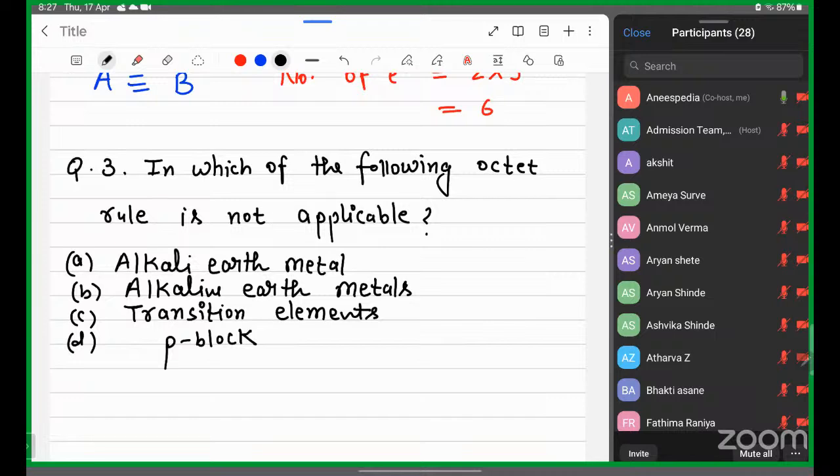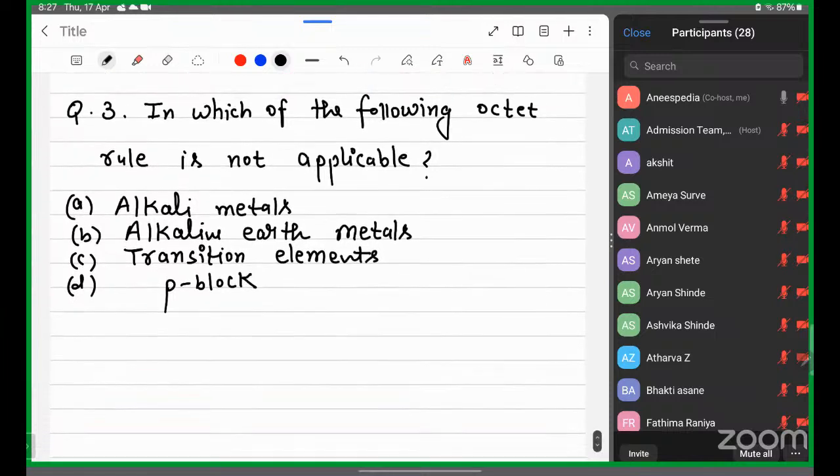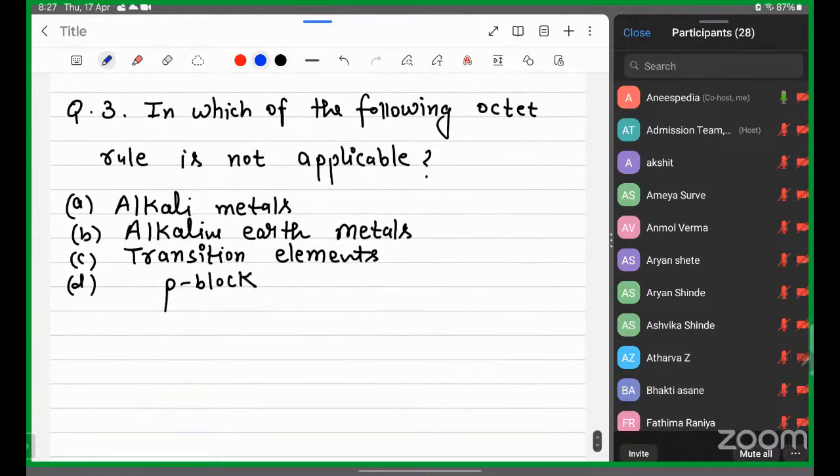In option A, it must be alkali metals. Which will be the correct option?